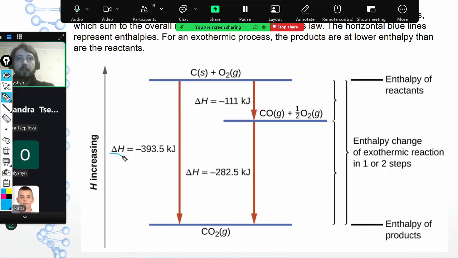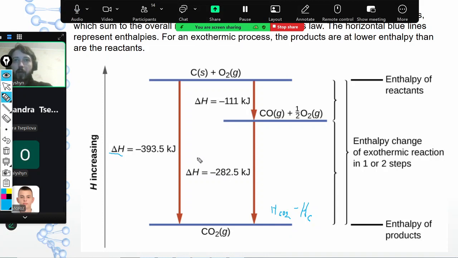So if I want this delta H, I need some sort of H for, I don't know, CO2 minus HC plus O2, let's call it just HC.